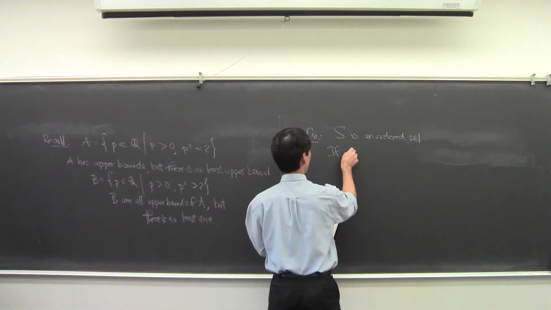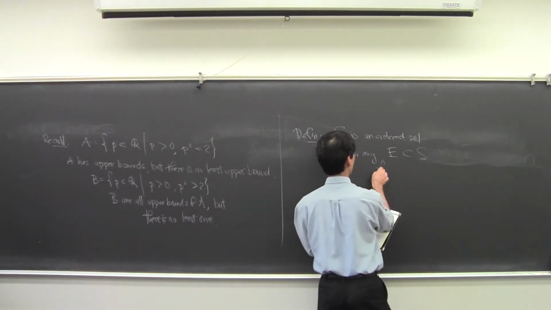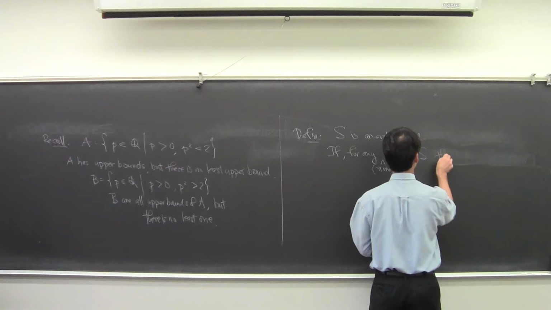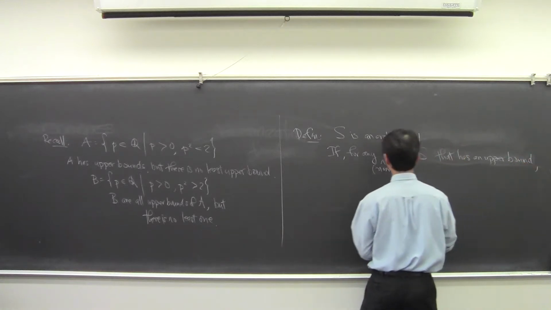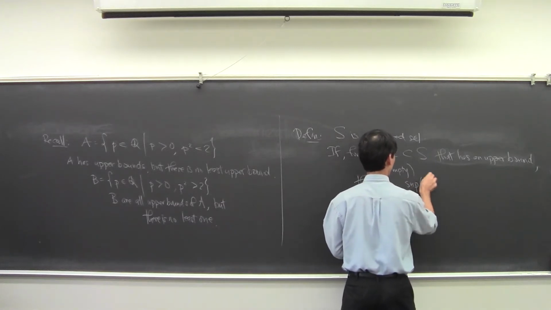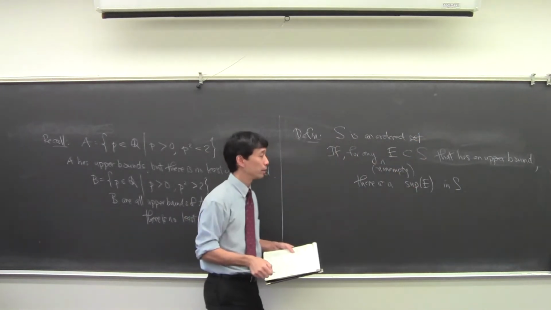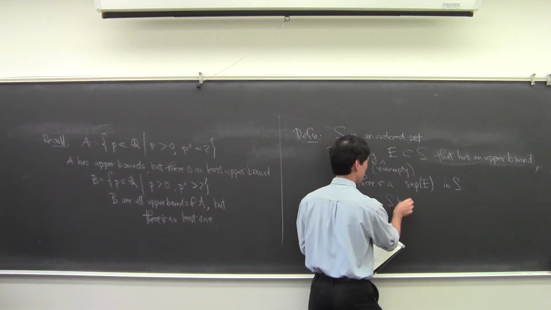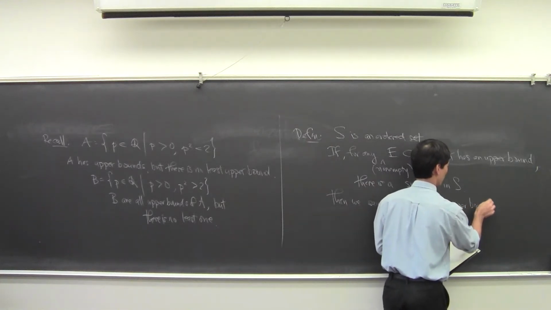If any non-empty subset of S that has an upper bound has a least upper bound in S, then we say S has the least upper bound property.